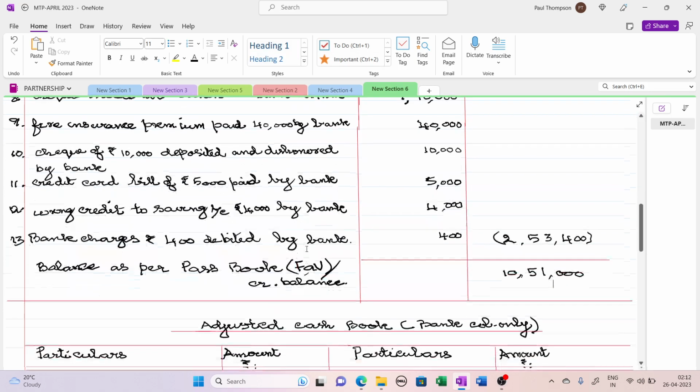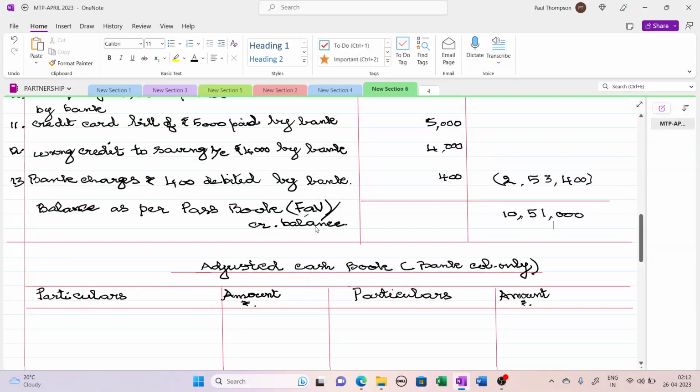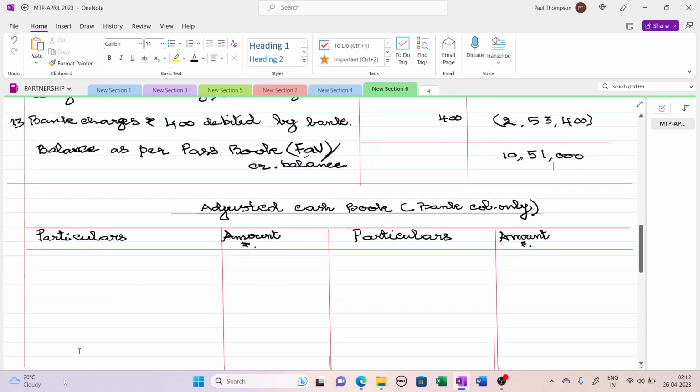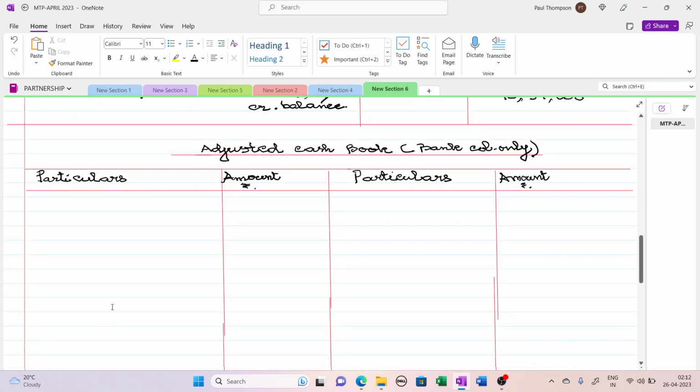Now listen very very carefully. Whenever we close, we are in the closing account, the financial year ending or accounts closing year, that is on 31st March 2023, we can always prepare the adjusted cash book and make the BRS. That will be very very easier than bank reconciliation. What is the balance given?